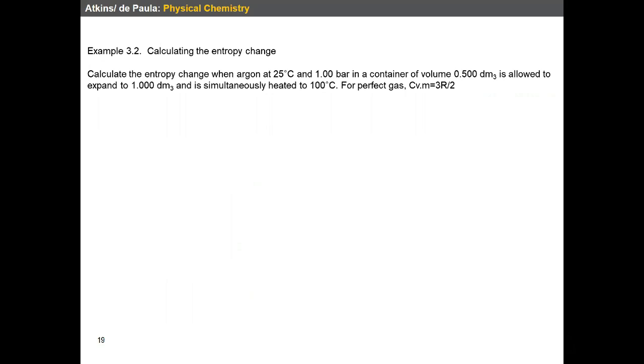Let's calculate the entropy change when argon at 25 degrees C and under 1 bar of pressure in a container of volume 0.5 decimeter cubed is allowed to expand to 1 decimeter cubed, and it's simultaneously heated to 100 degrees C. If for perfect gases Cv,m equals 3/2 R, then let's calculate this entropy change.